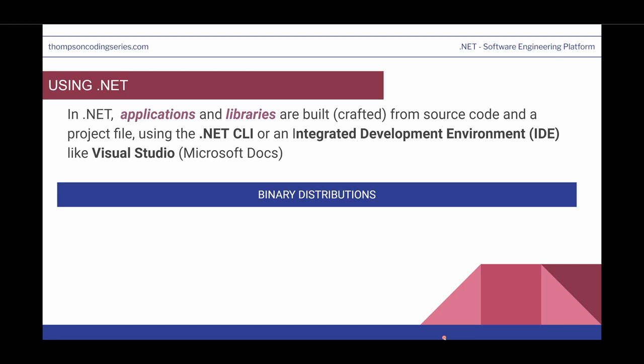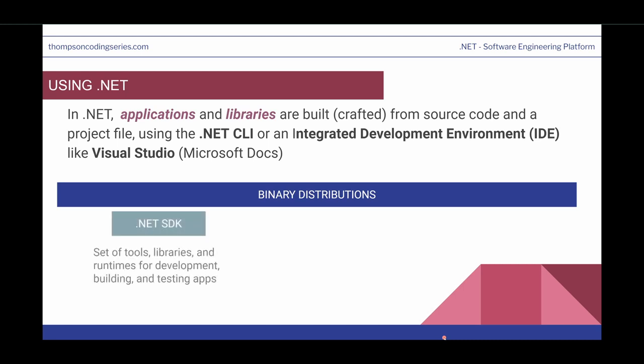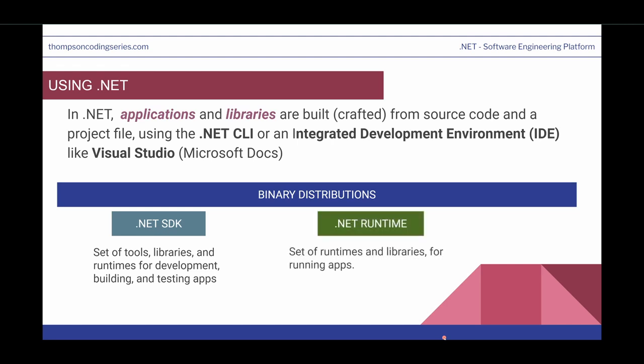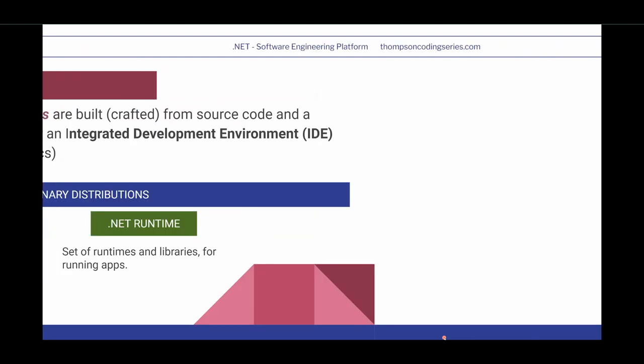Now, what are the various binary distributions of .NET? There's the .NET SDK, which contains a set of tools, libraries, and runtimes that allow you to develop, build, and test your applications. And you have the .NET Runtime itself, which contains a set of runtimes and libraries for running your applications. Basically, these are the basic binary distributions for the .NET platform.